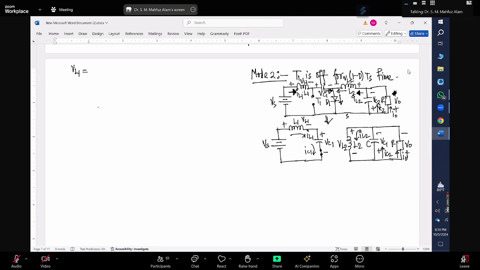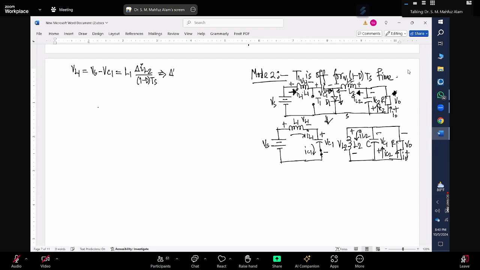Vs minus VC1, right? So it should be Vs minus VC1, and it should be equal to my L1 into del IL over (1 minus D) multiplied by Ts.